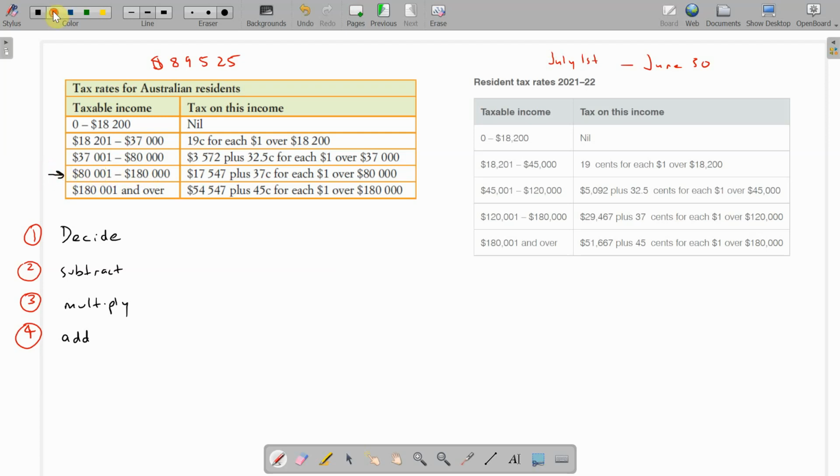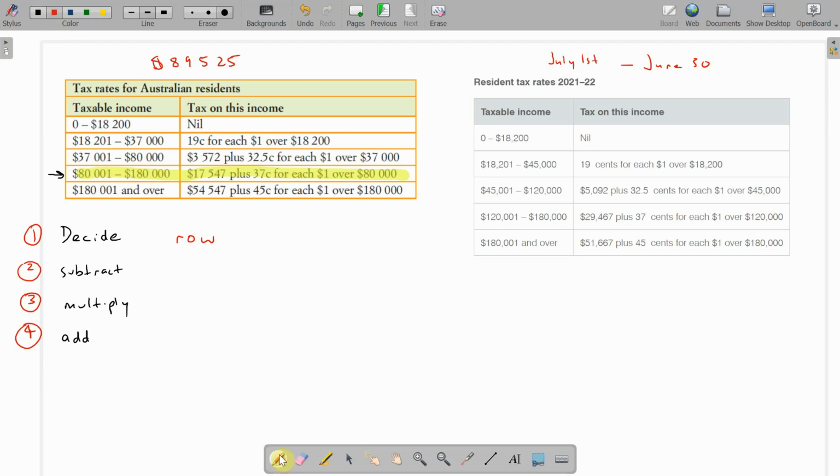So decide on the row, and that's the one. I'm just going to do a little highlight. That's the one that will work out our tax, because the amount's in between these two.